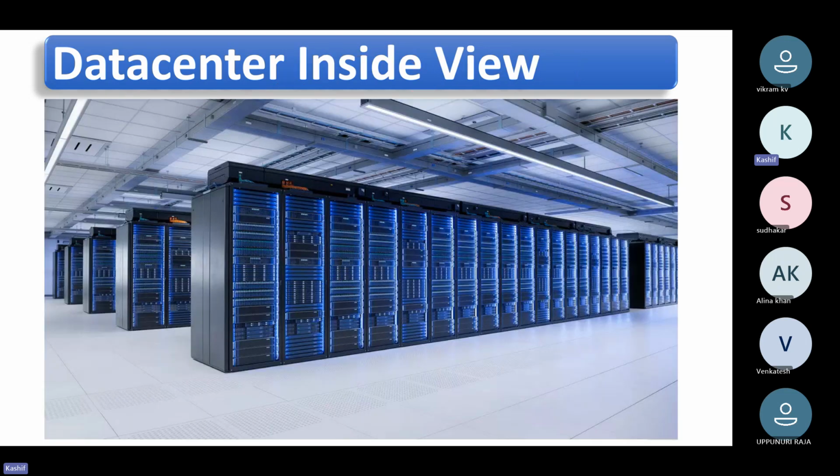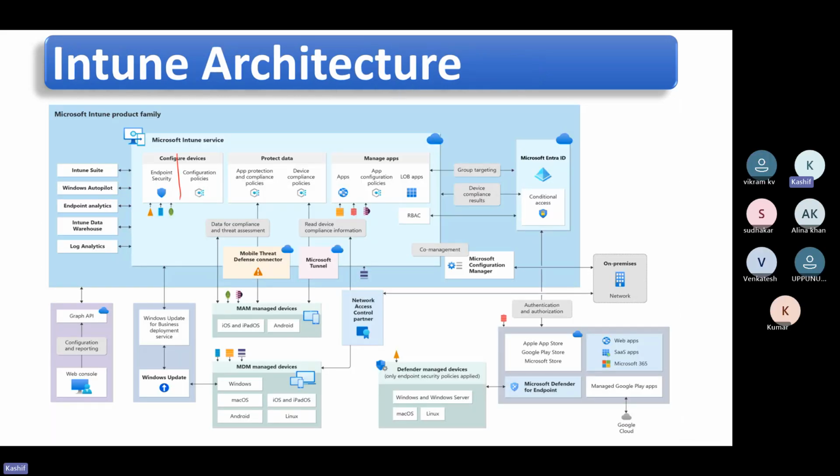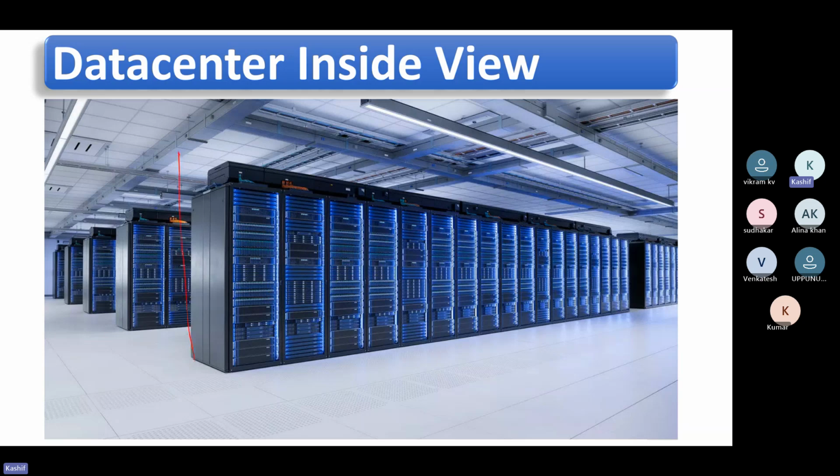This is the inside view of the data center, okay? Now inside you have these racks basically. This is basically a combination of multiple racks. So you see, in each rack you have high configured servers, okay? You have some high configured servers, right?